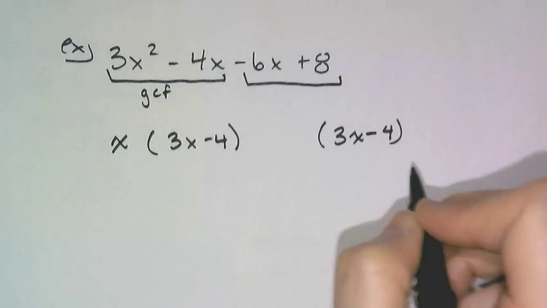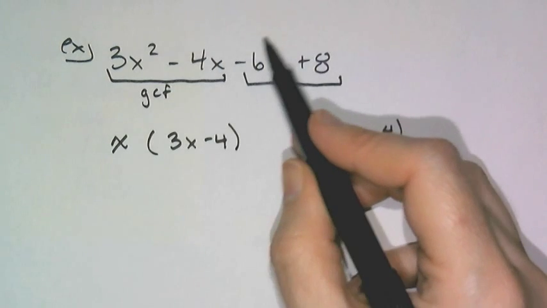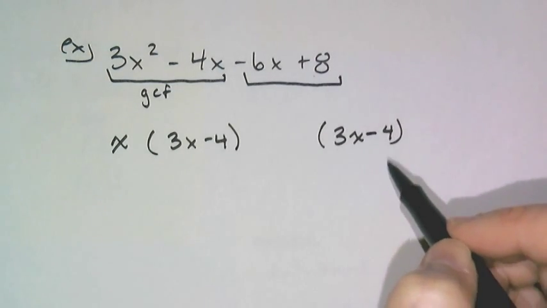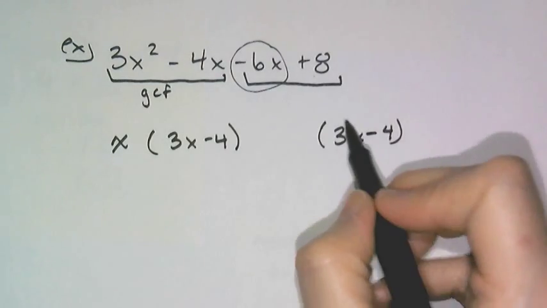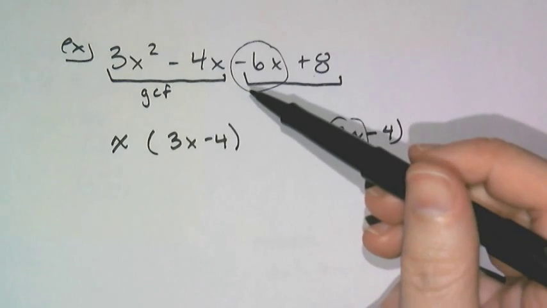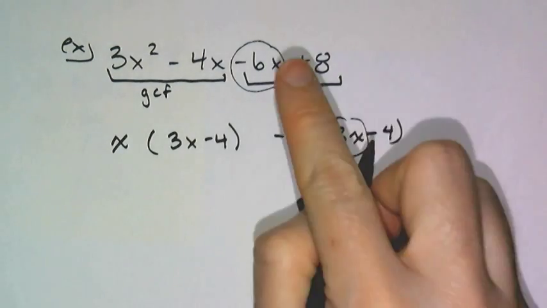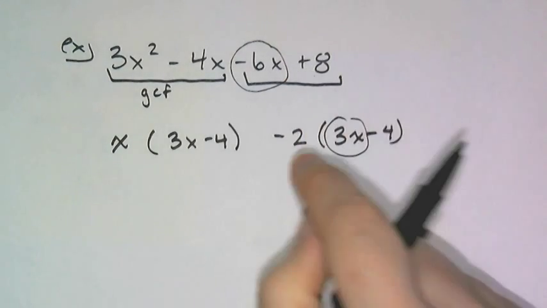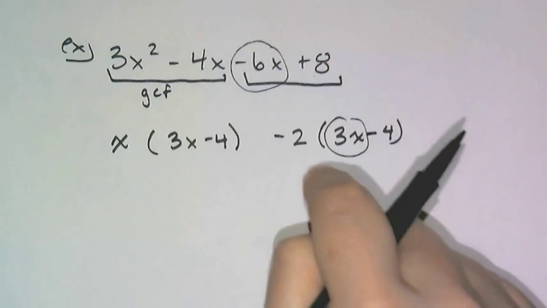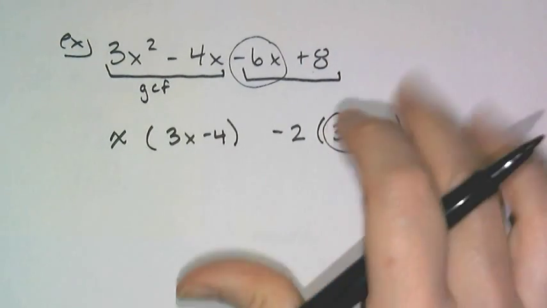So now my job is to think, well, what do I have to factor out of -6x plus 8 to get a 3x minus 4? And so I always just look at that first term and think, well, what multiplied by 3x gives me -6x? Well, that's a -2. And then I check to make sure it works with the second term. So -2 times -4 is +8. So yes, that is the correct number to factor out.